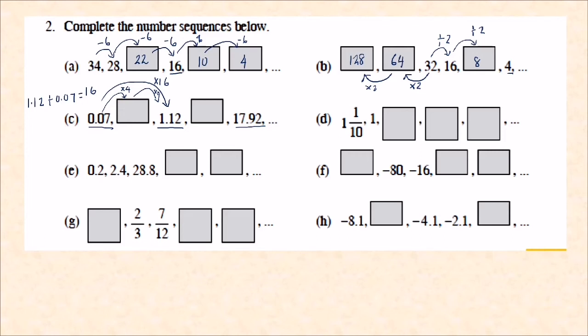So next number: 0.07 multiplied by 4 is 0.28. 0.28 multiplied by 4 is 1.12. 1.12 multiplied by 4 equals 4.48.